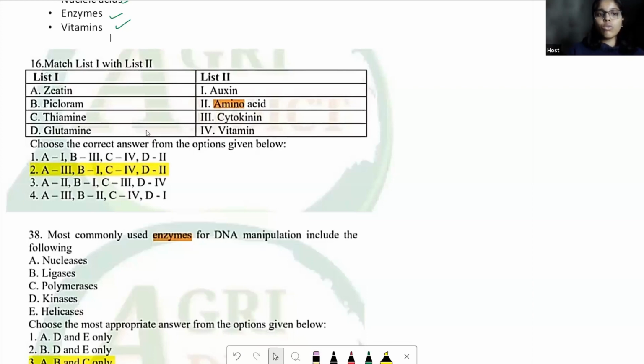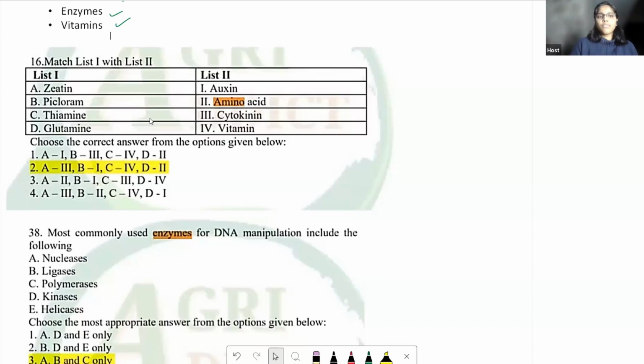As we already know, glutamine is an amino acid, thiamine is a vitamin, picloram is an auxin, and zeatin is a cytokinin. So if you know the concept, it's easier to answer. Questions like this you can easily do.